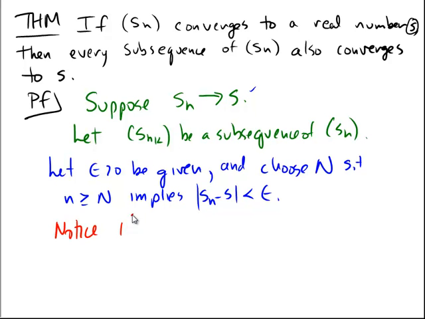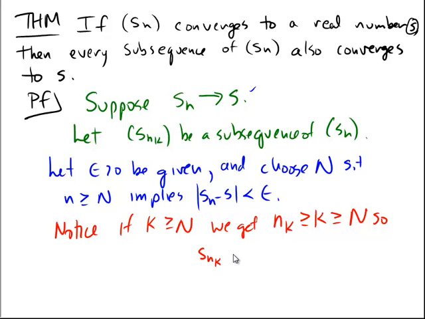that if k is bigger than or equal to N, we get that n sub k is bigger than or equal to k by that previous fact that we did, which is bigger than or equal to N. So not only does |s sub n minus s| end up being less than epsilon, but we actually get that |s sub n sub k minus s| happens to be less than epsilon.